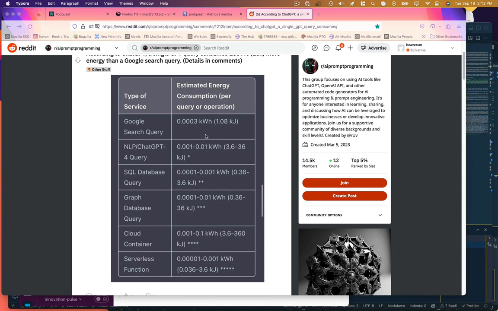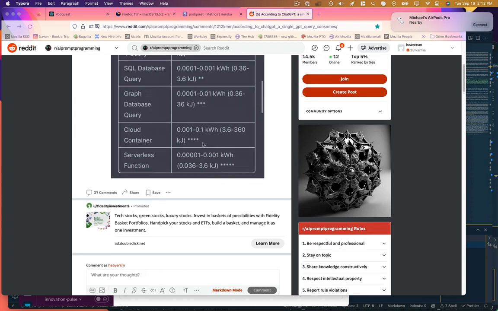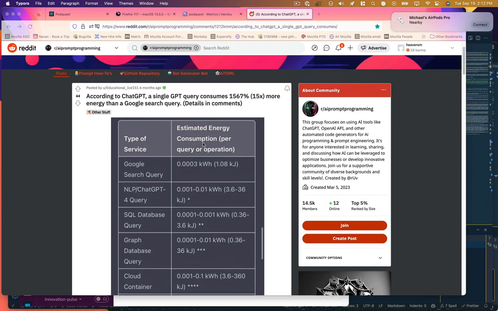It is more energy intensive. I think the figures are highly variable and depend on what you're searching for. They're probably not taking into account the rabbit hole you have to go down with that Google search query to find what you're looking for. But those are the figures on executing the query itself.